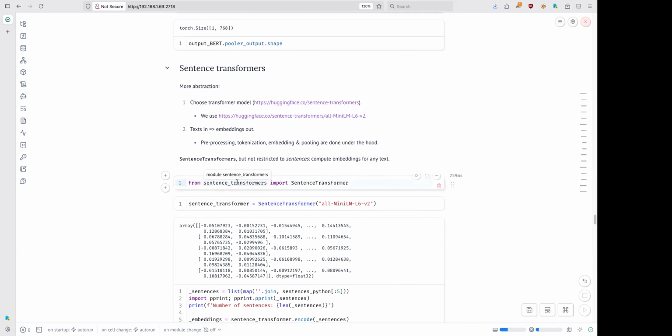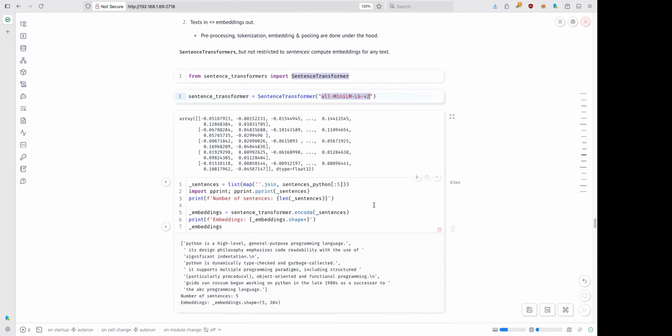We have sentence transformers, the library. We import the SentenceTransformer class. And again, Hugging Face helps us. We get another model. You can use different models to compute embeddings. We use this model because it's really small. We use this to compute embeddings for a bunch of sentences.